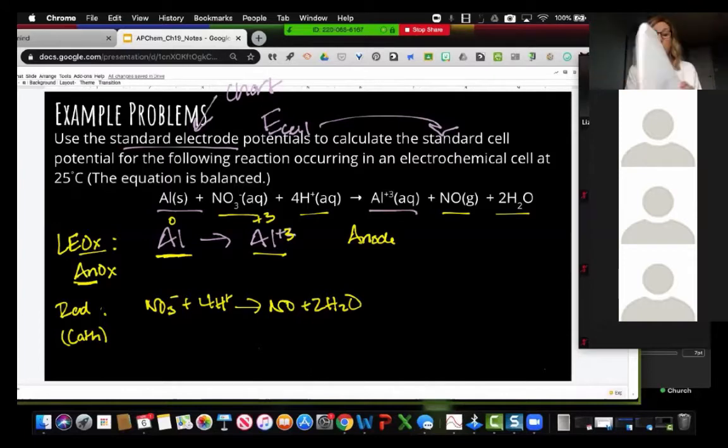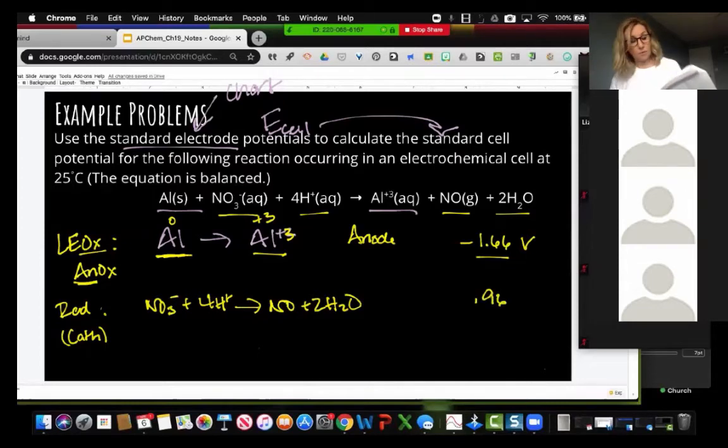We're just going to pull that number off of here. So if you find where that aluminum is, that value is negative 1.66 volts. Okay, so that's the number we need for the anode reaction. For the cathode reaction, that one's going to be up here a little bit further. So that one is positive 0.96 volts. Okay, so that's what we need to start.